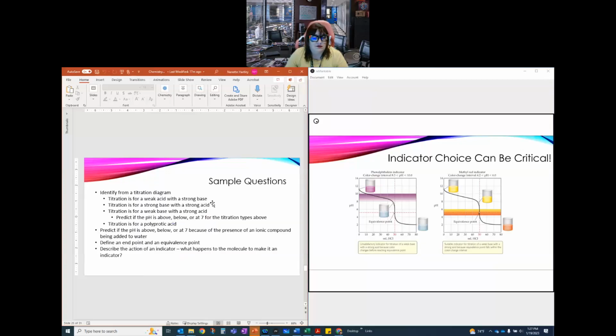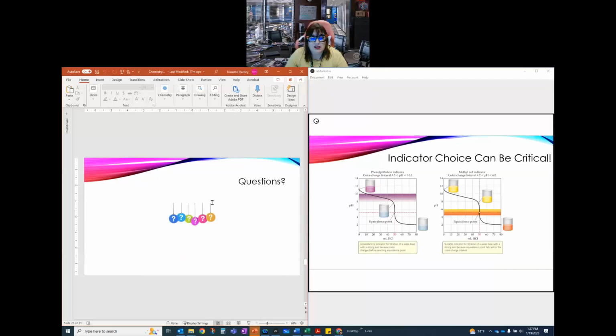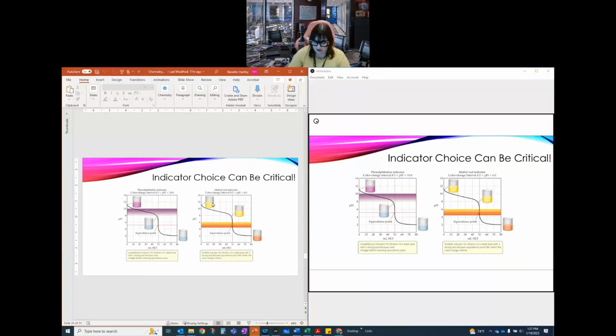Questions about that? Now, the other thing I said is that there's always an error, right? Because we know that we're looking for the equivalence point, and that's where the H3O plus is equal to the OH minus. But the end point comes when we've started to titrate the indicator.